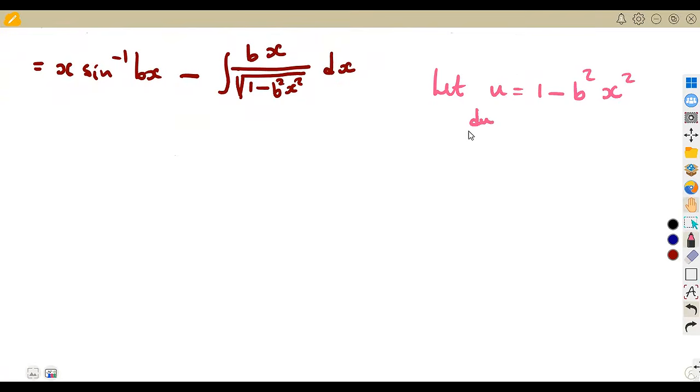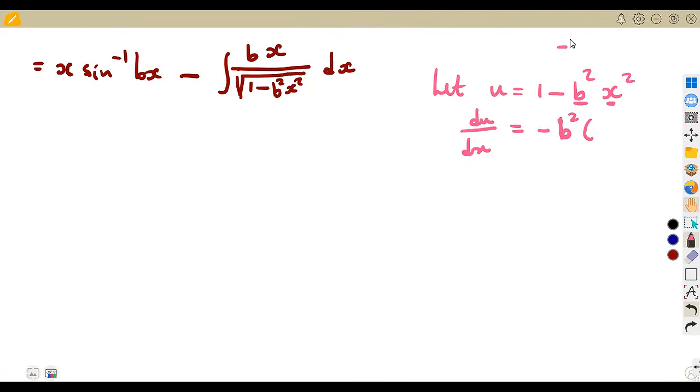So the derivative of u with respect to x. Take note, guys, from your partial derivatives, we talked about this, where you are differentiating with respect to x, it means b is a constant. Just like the derivative of 1 is 0, but this is b part of x squared. So you ignore the minus b squared, you differentiate x squared. The minus b squared is a constant, it's just like minus 2.